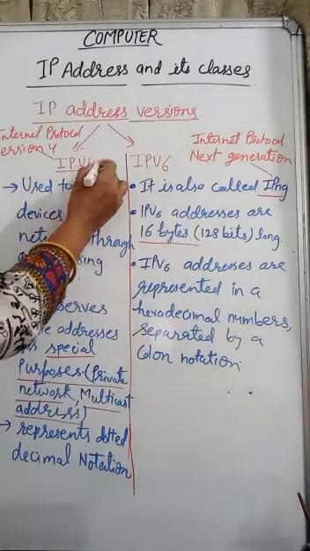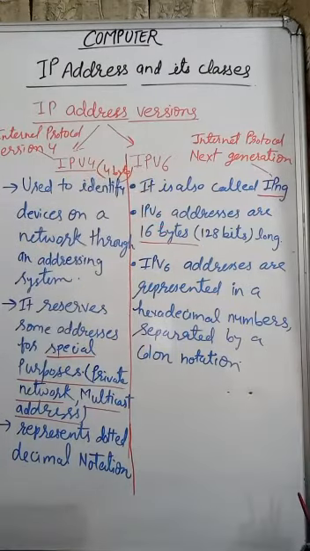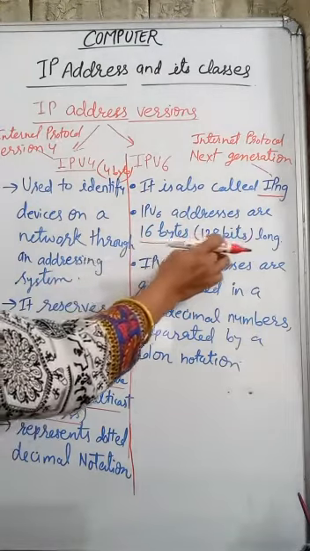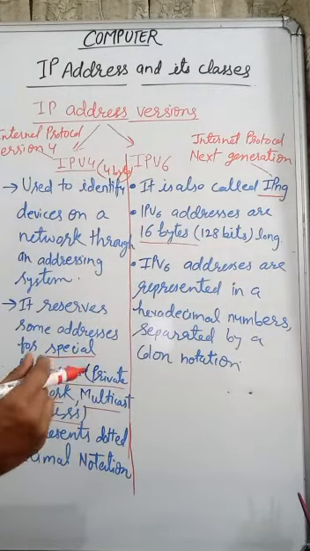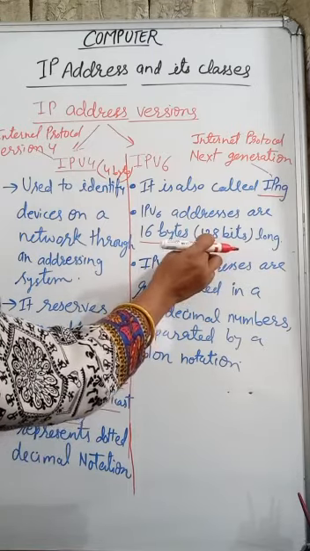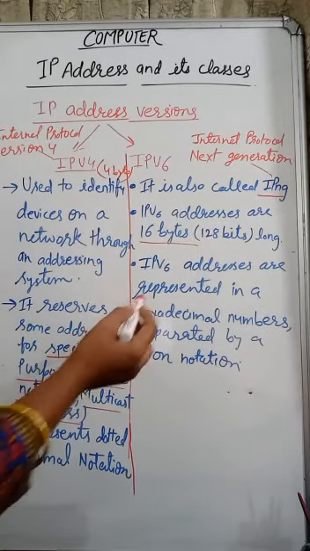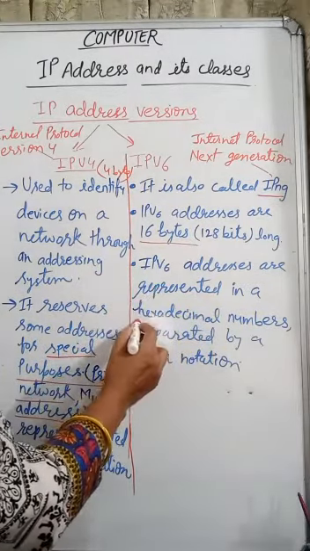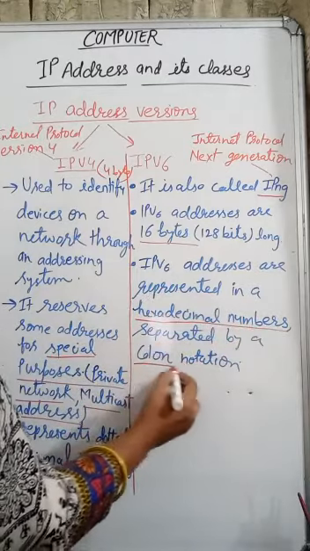This is 4 bytes and this one is 16 bytes. It means 128 bits, and IPv4 is 32 bits. So IPv6 is 128 bits long. IPv6 addresses are represented in hexadecimal numbers separated by colons.